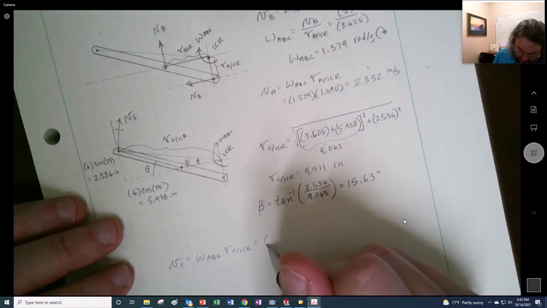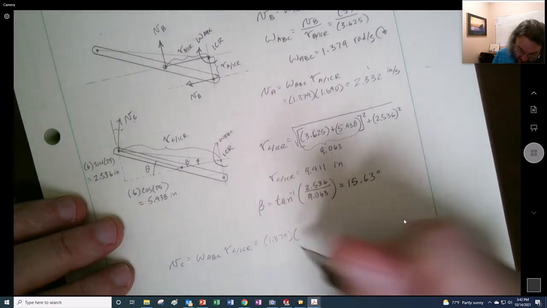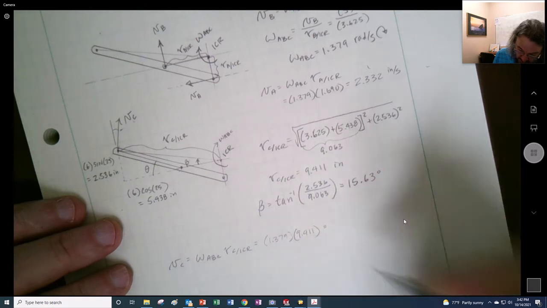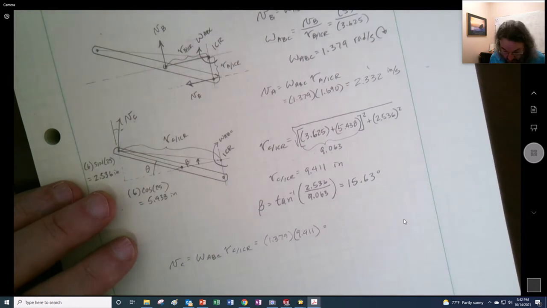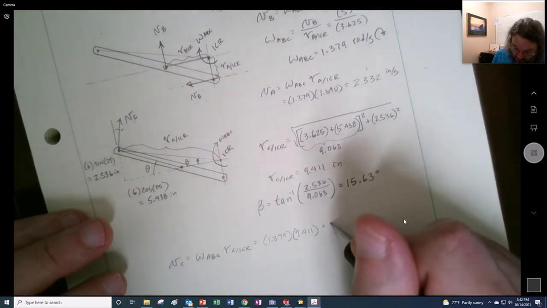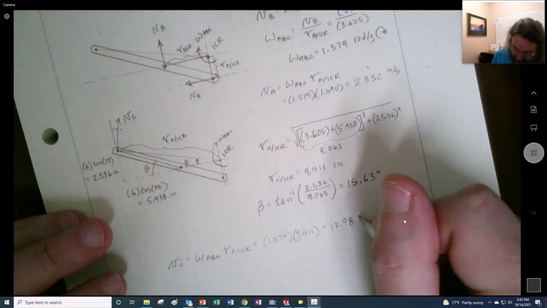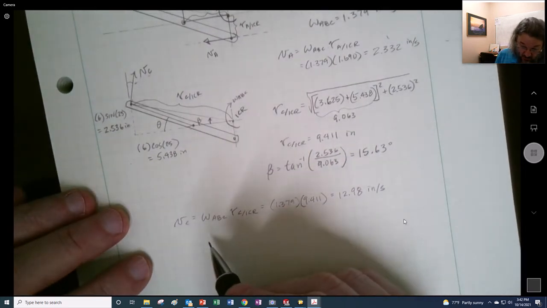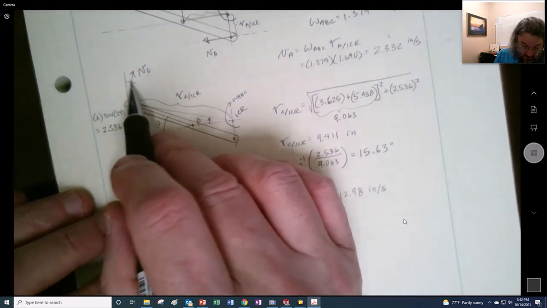And what we end up getting is 1.379 times 9.411. 1.379 times that, and I get that it's going to be 12.98 inches per second, and the angle that it's going to be here is going to be this right here.